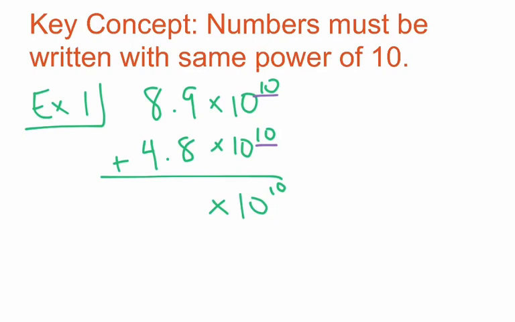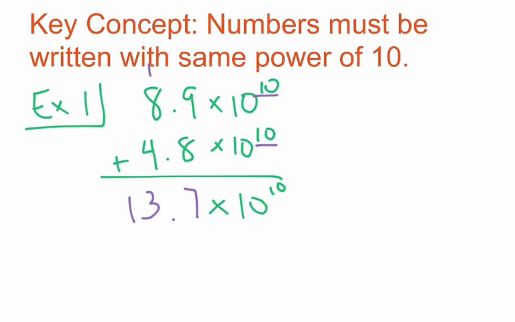Now we make sure that our decimals are lined up and we add these numbers going straight down. 9 plus 8 gives us 17. Carry the 1. 1 plus 8 plus 4 gives us 13. So we end up with 13.7 times 10 to the 10th. Again, all I've done here is make sure that my exponents are equal.